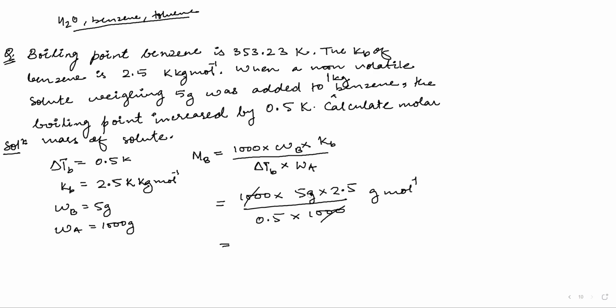So this will be equal to 25 grams per mole. Amalya, did you get where you went wrong? Okay, everyone got the answer now. Let us move on to the next concept, that is depression of freezing point.